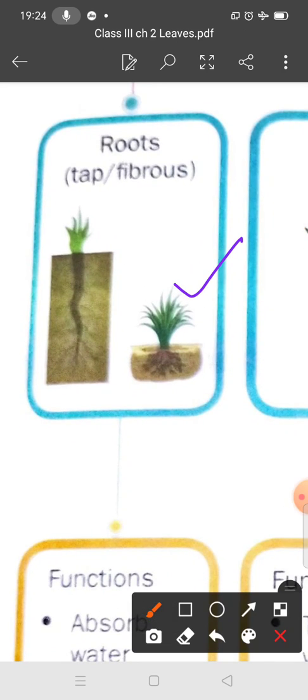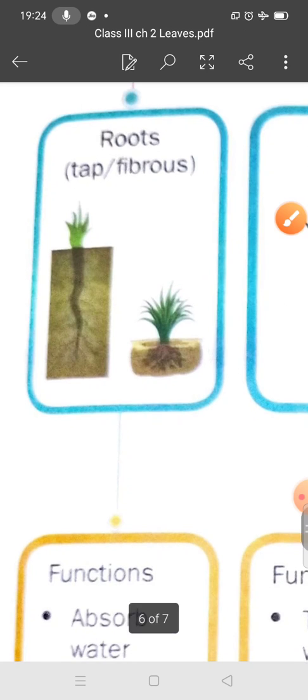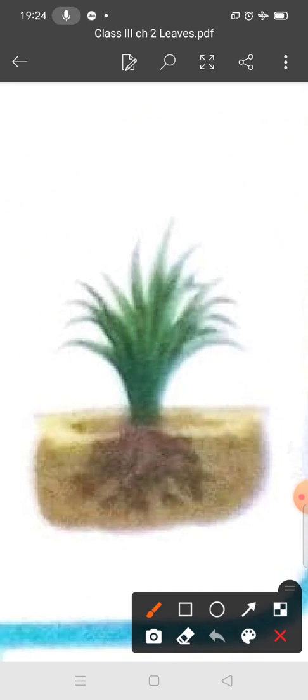A fibrous root is a bunch of small thin roots that grow from the base of the stem. There is no main root, only a bunch of small thin roots. You can see there is a fiber-like structure. Examples of the fibrous root: wheat, cereals, grass, paddy have the fibrous root. Grasses also have the fibrous root.